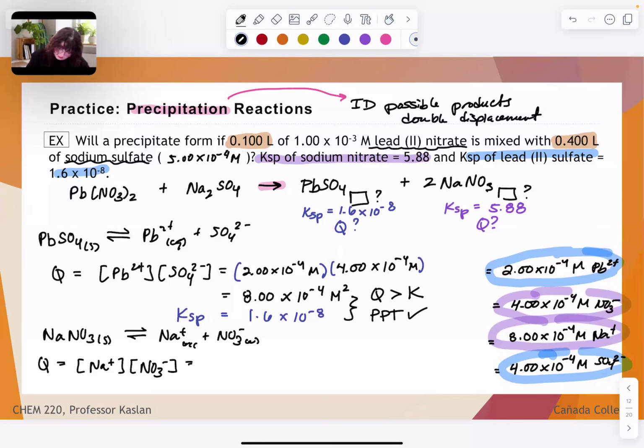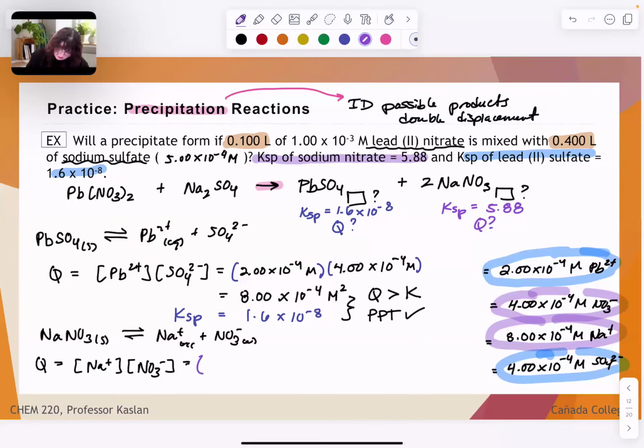So that's going to be equal to our 4.00 times 10 to the negative 4 molar times our 8.00 times 10 to the negative 4 molar.